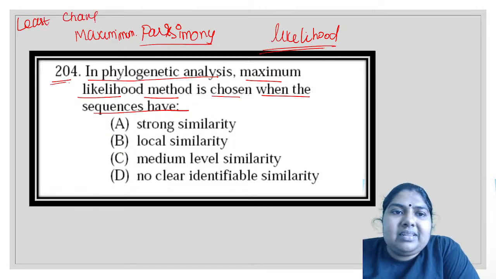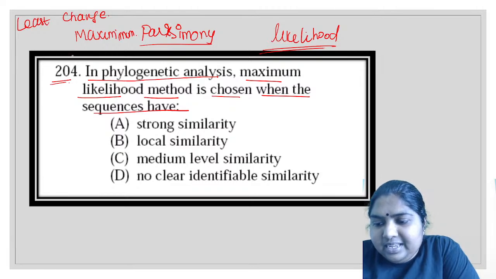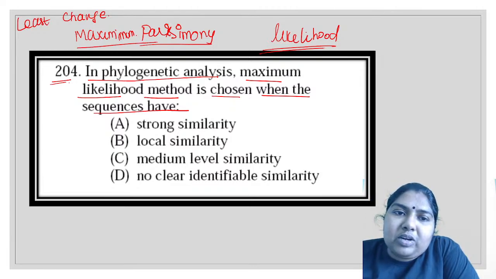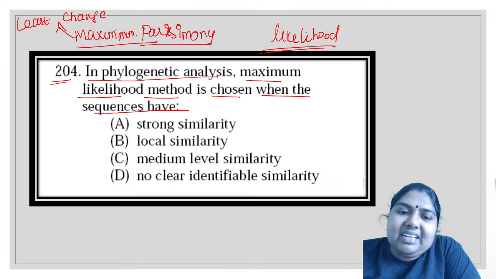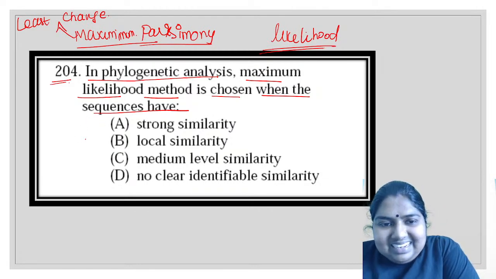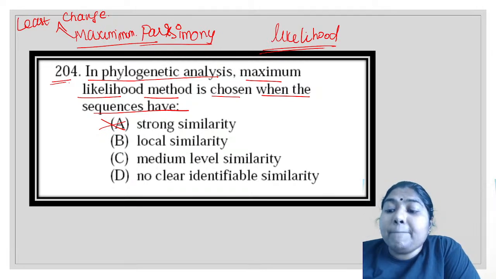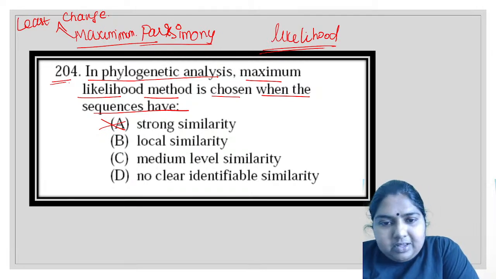So least change, yes Praveen, good. So parsimony means the least change, so definitely this is not the answer. I cannot choose strong similarity, because strong similarity represents your maximum parsimony method. Gone.